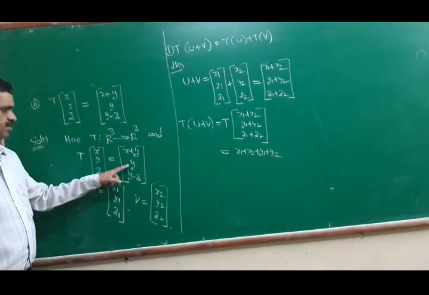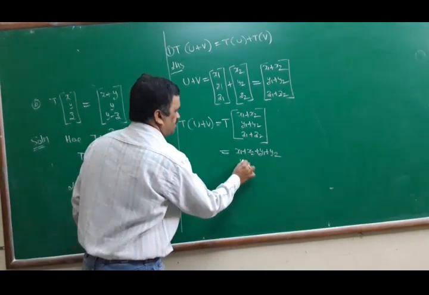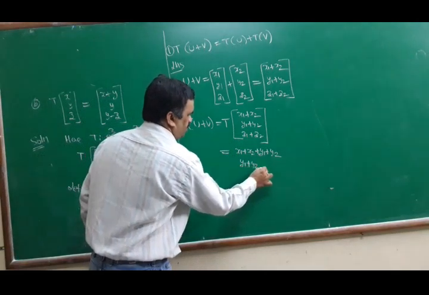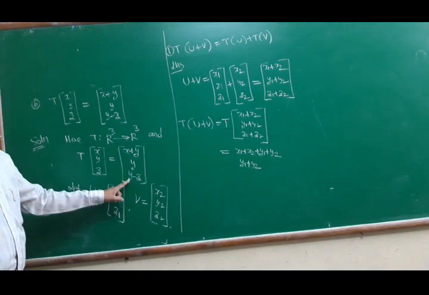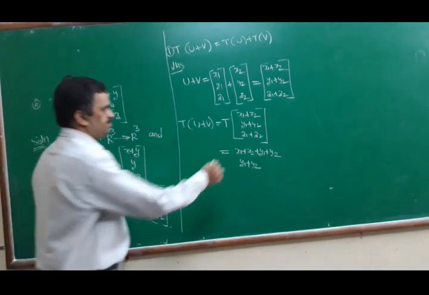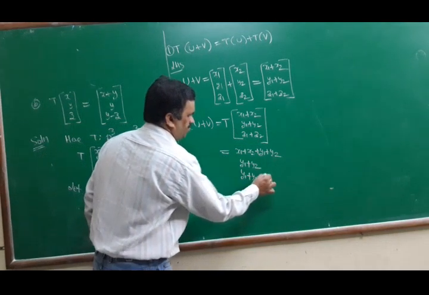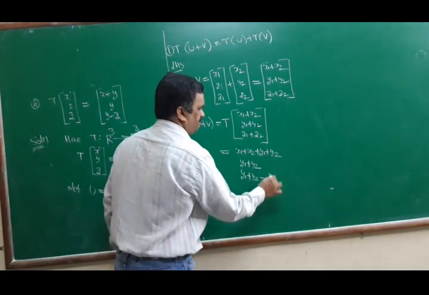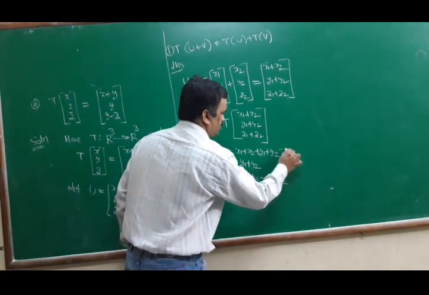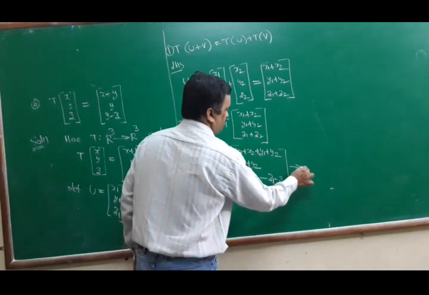Next, y, second coordinate, y1 plus y2. Then y minus z, second coordinate minus third coordinate, y1 plus y2 minus z1 minus z2. This is left hand side, equation number 1.